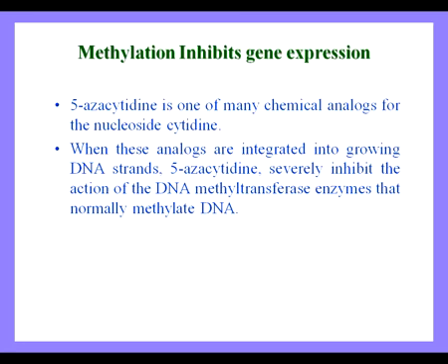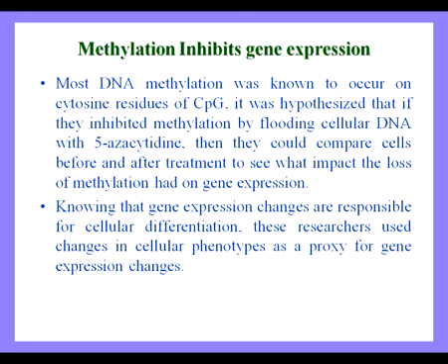Their ability to normally methylate DNA was severely damaged, and these methyltransferases were almost rendered inactive. Most DNA methylation is known to occur on cytosine residues of CpG, the CpG islands: cytosine, phosphate, guanine.